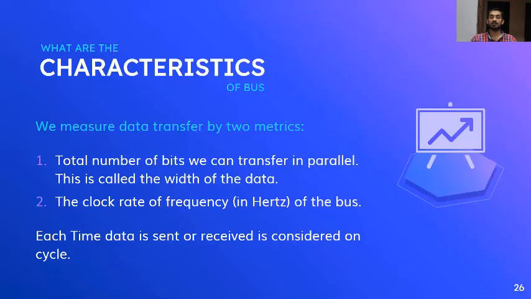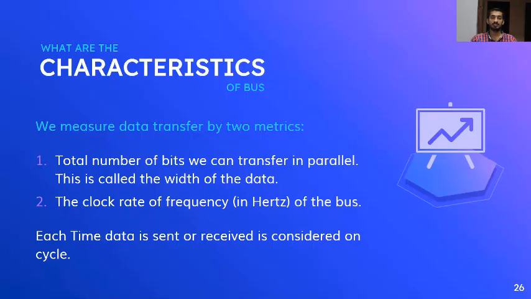It depends on the computer architecture, whether you have a 32-bit system or a 64-bit system. So bus width can be 8-bit, 16-bit, 32 or 64. Latest and modern CPUs have a 64-bit bus width.